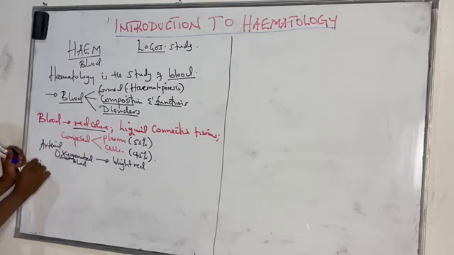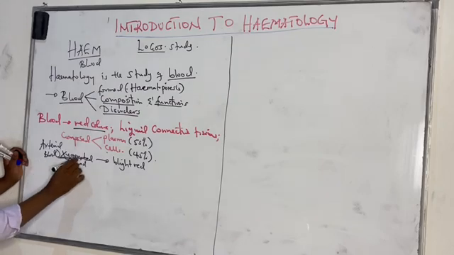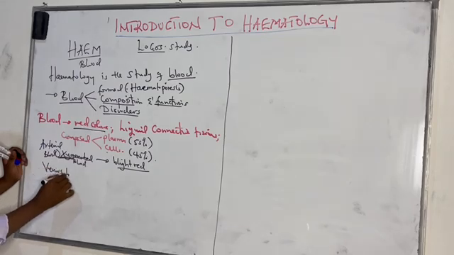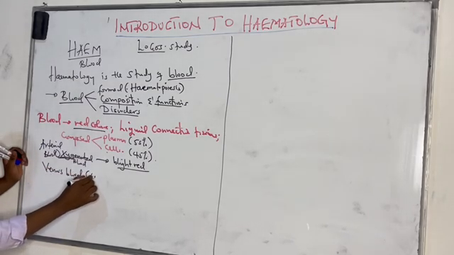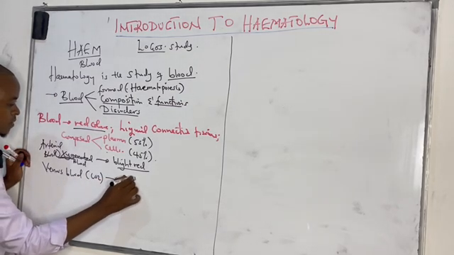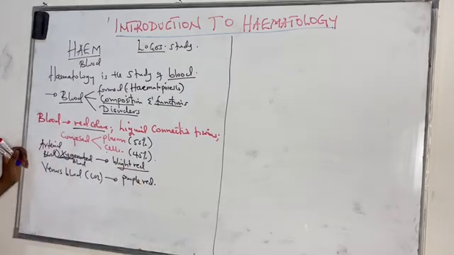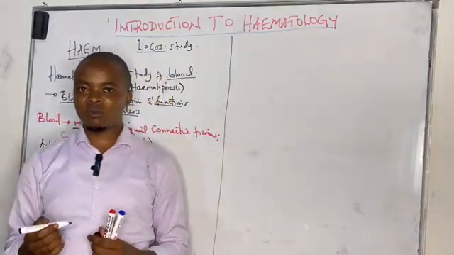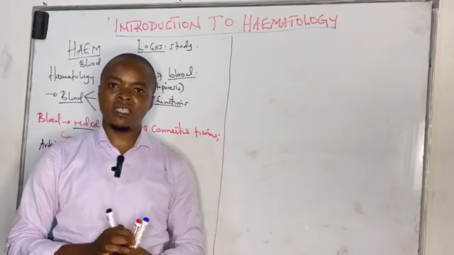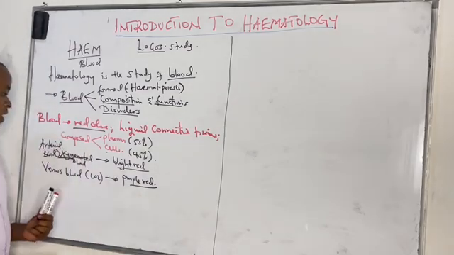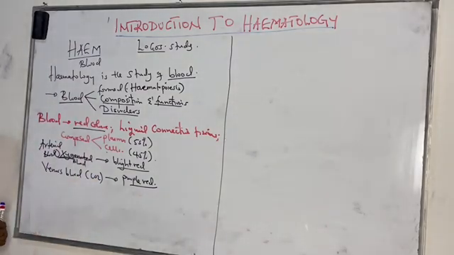Whereas venous blood, due to presence of much carbon dioxide and little oxygen, is purple red or dull red in color. So this is how you can distinguish between an arterial blood and a venous blood.